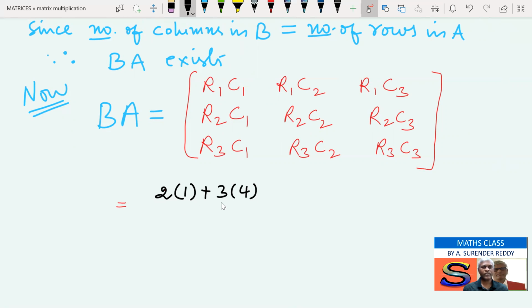This is R1 C1. R1 C2: 2 into minus 2 plus 3 into 2. Next, R1 C3: 2 into 3, 3 into 5.